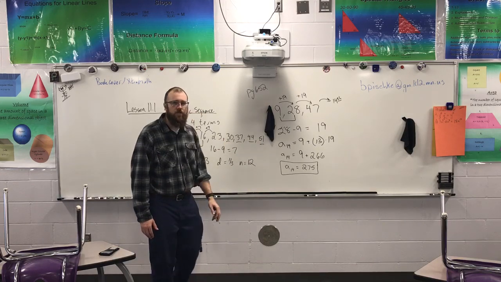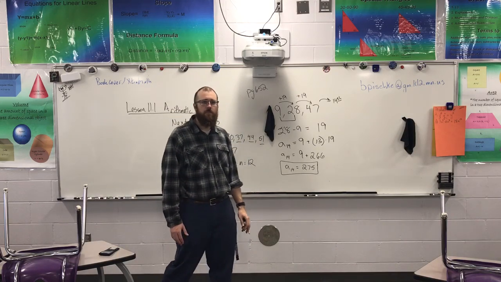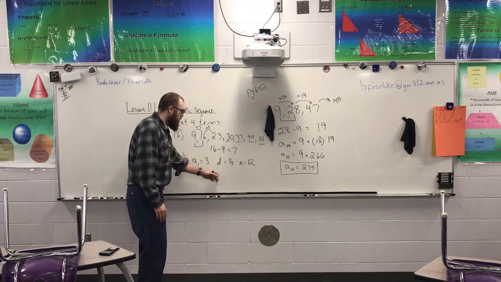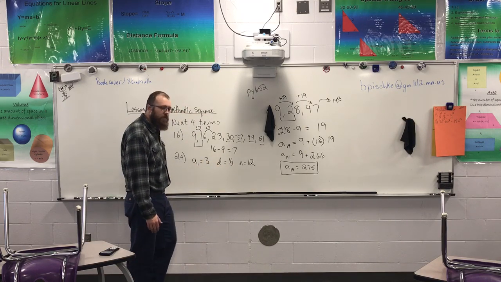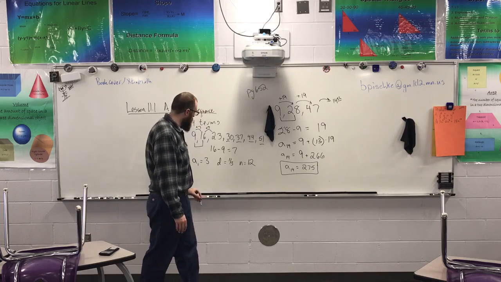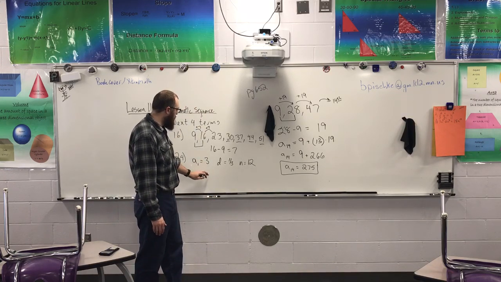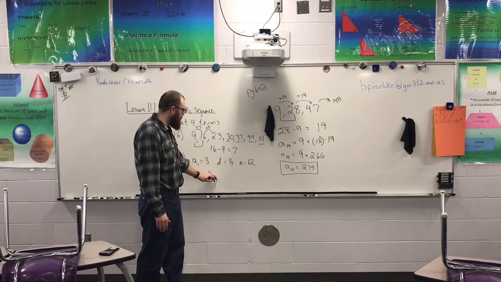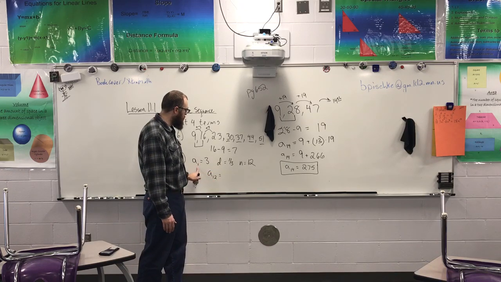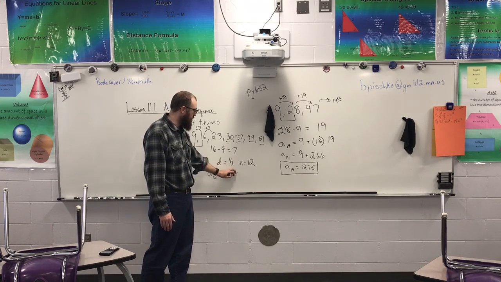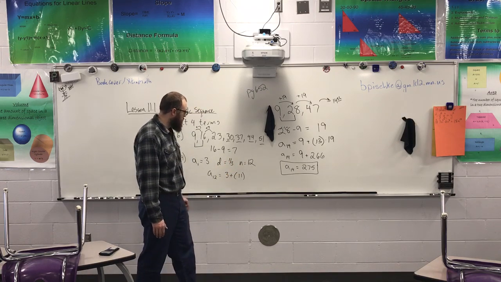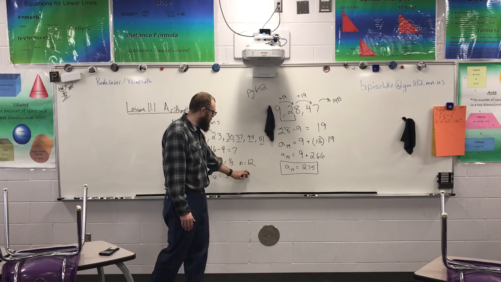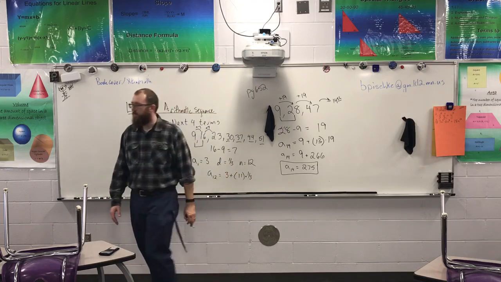That's what n equals 12 is telling me. I'm going to climb by 1/3 each time, which is not going to be much fun, but it is what it is. I start at 3, so I'm going to find the 12th term. My first term is 3 plus 12 minus 1, which is 11, times d, which is 1/3.